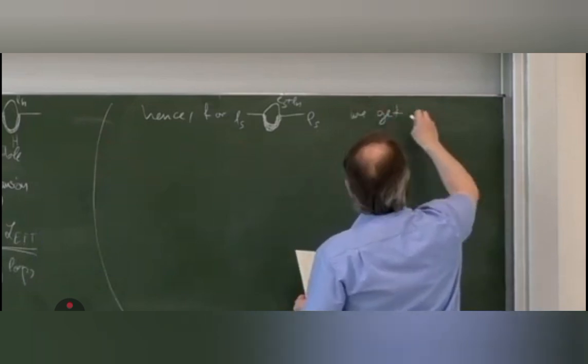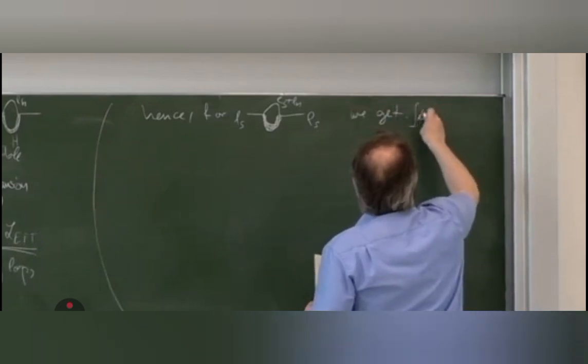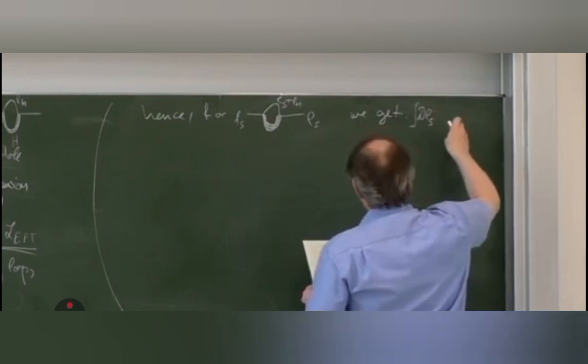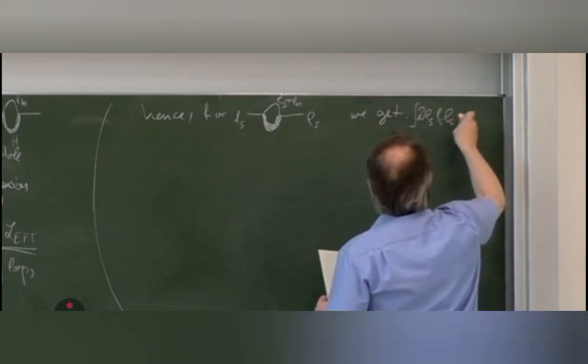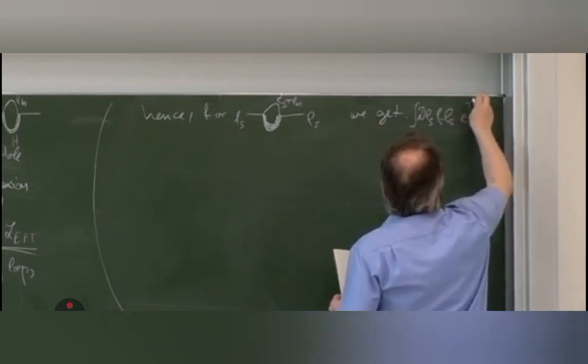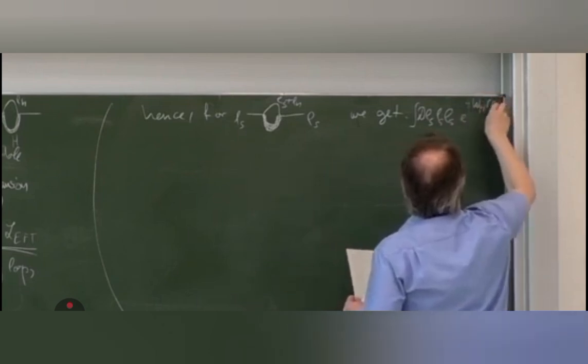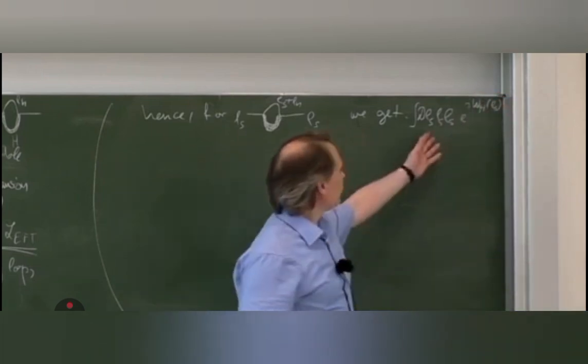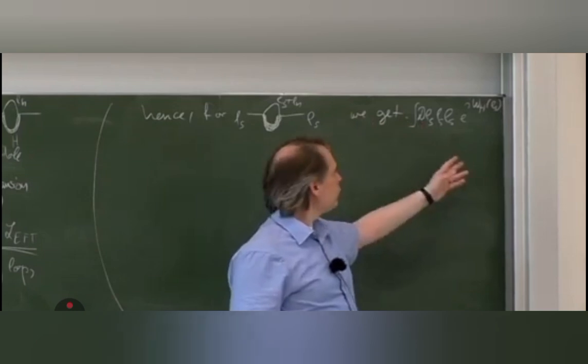We get the following. We get the LS of LS times e to the I WH of LS. Okay, so this is now the effective field theory description of this result.